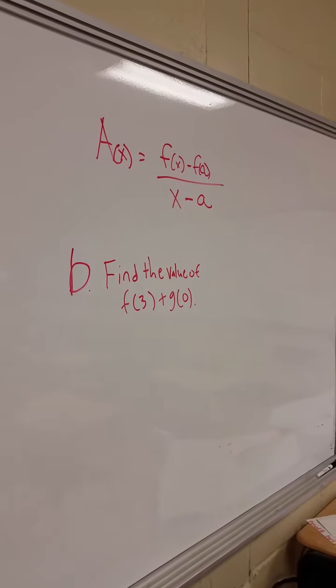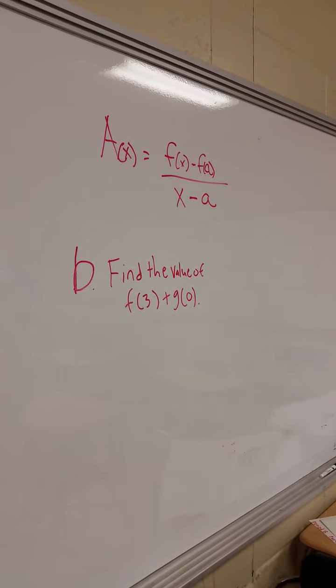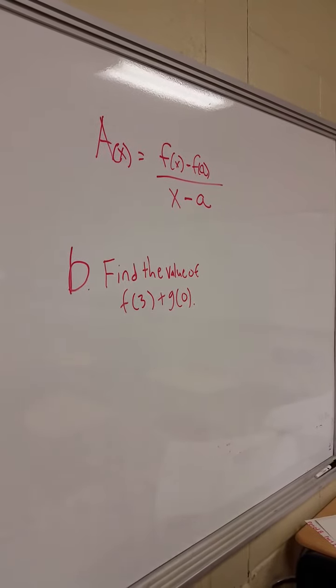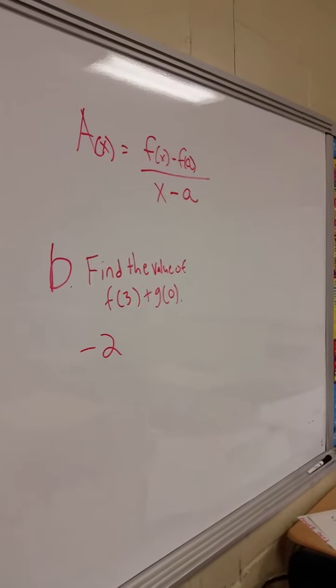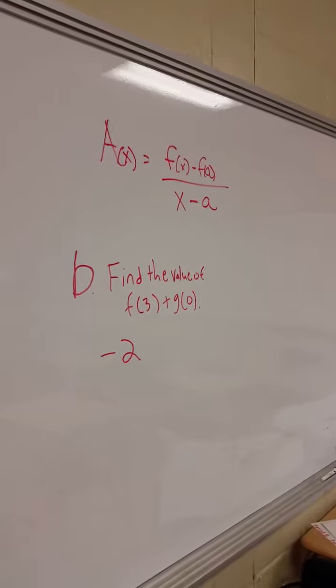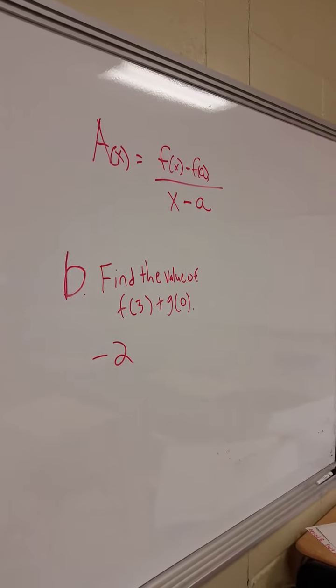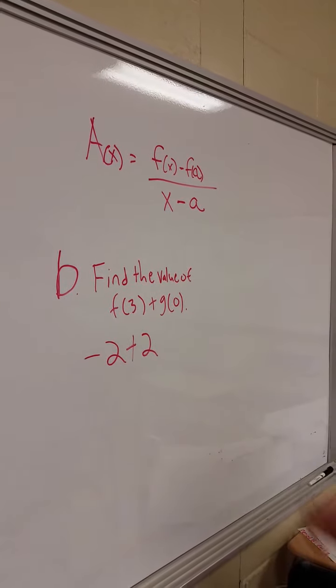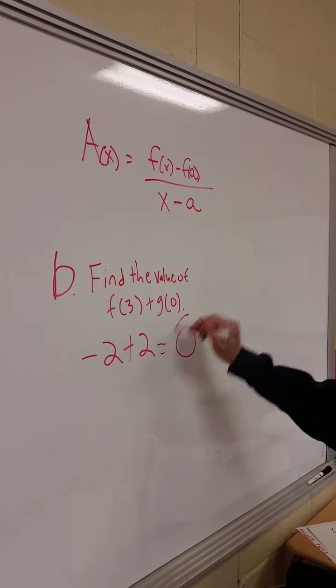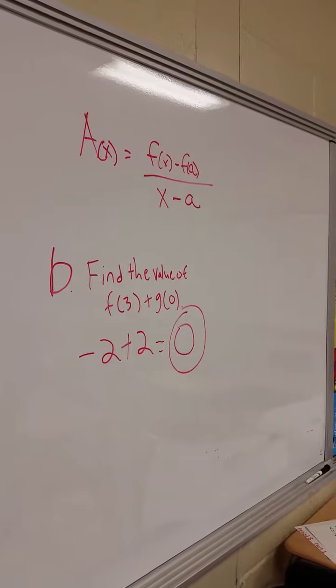So for the graph, f(3) is negative 2. And on the table, g(0) is 2. So that equals 0.